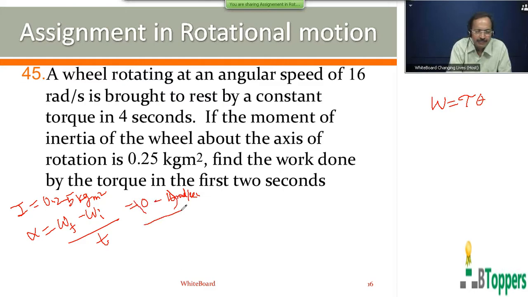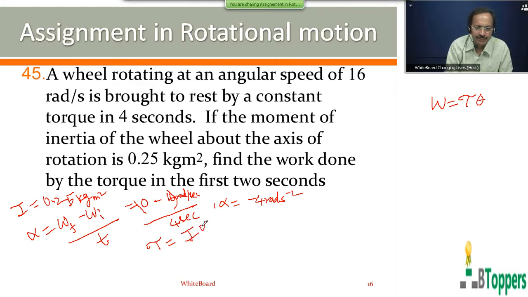So angular acceleration alpha will be equal to minus 4 radian per second square. So magnitude of the torque applied, you can write I into alpha, 0.25 kg meter square into alpha is minus 4 radian per second square.